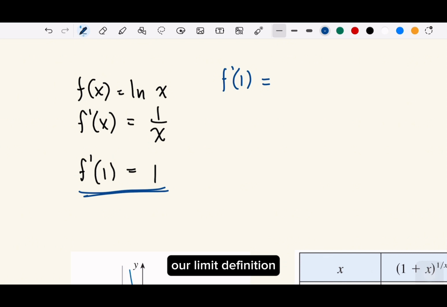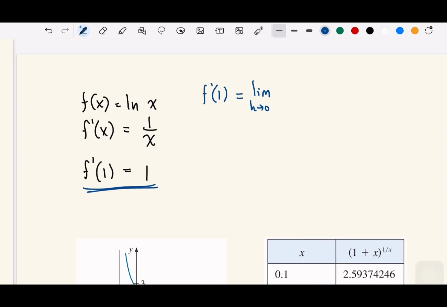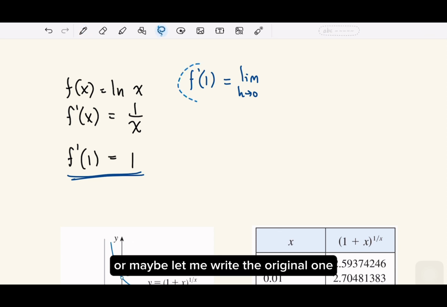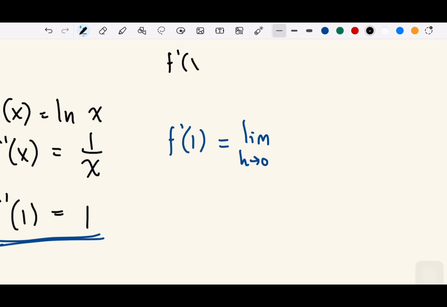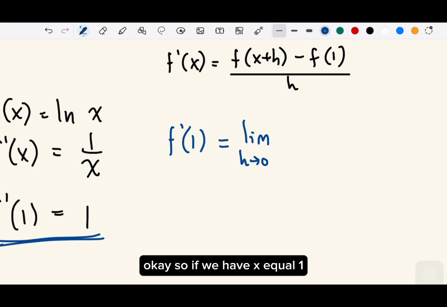our limit definition, or maybe let me write the original one. Okay, let me write the original one. So if we have x equal 1, it means that this is going to be limit.